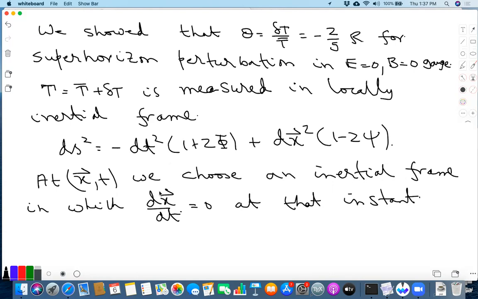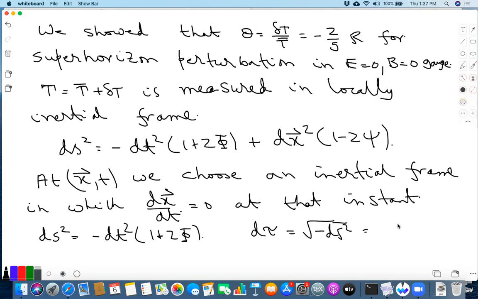And what we had found is that if you set this, then ds squared, because x is not changing, is minus dt squared times (1 plus 2 phi). Or I can write the proper time, which is the square root of minus ds squared, as dt times (1 plus phi).